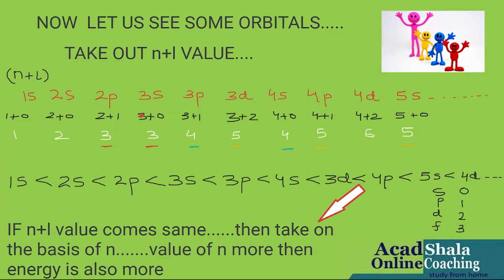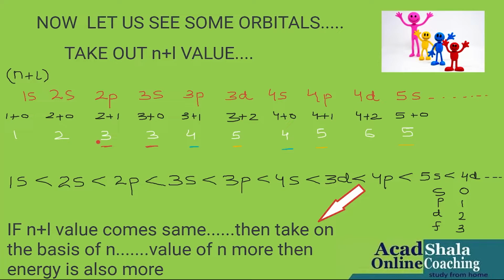So let us take out. Out of these two orbitals, n value is more in this and n value is less in this. So what did I tell you? That the orbital which is having the lower energy will be filled up first. So out of these two, this is having the lower energy and this is having the higher energy.